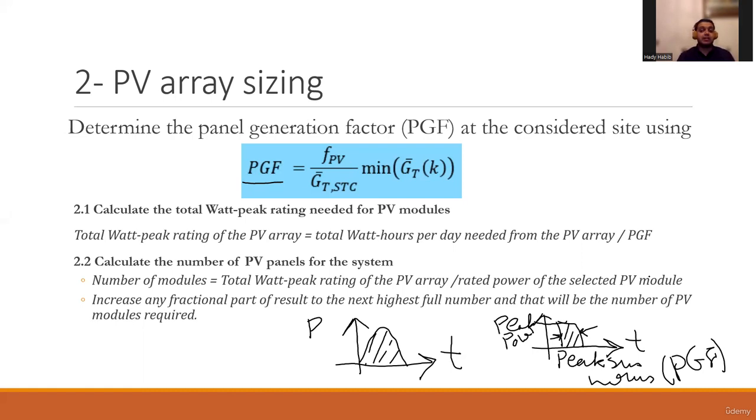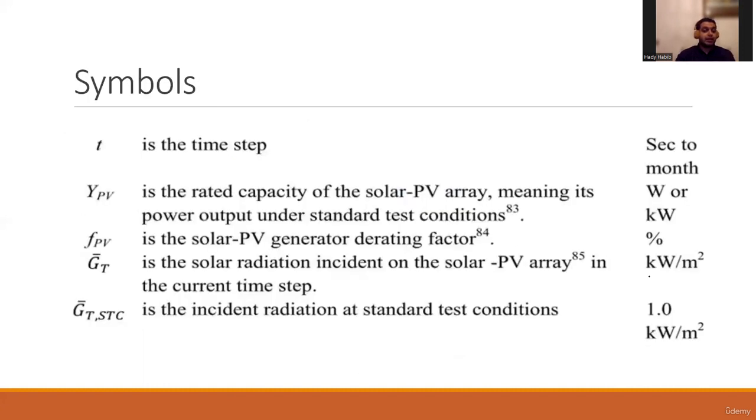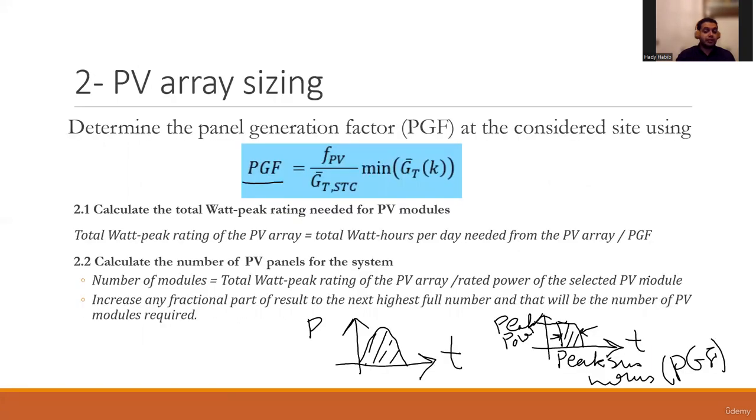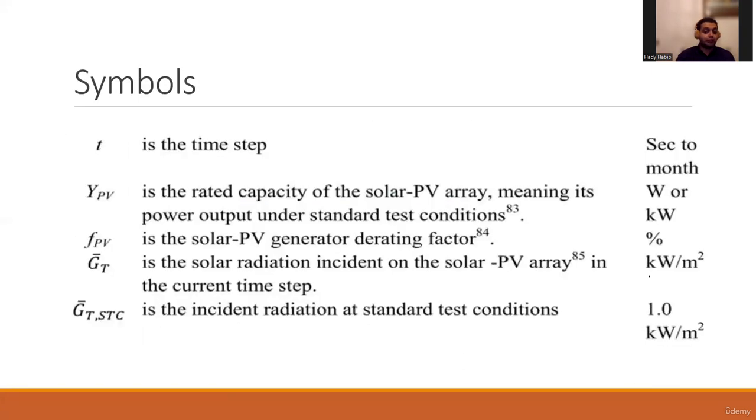For example, if it is 9.8, then we are going to have 10 modules, because we usually go for the safe scenario, not the lesser scenario, to keep our system in reliable operation, especially since we are working with a 100% PV system. Here are the symbols of this equation that illustrates what the PGF is in a mathematical way.